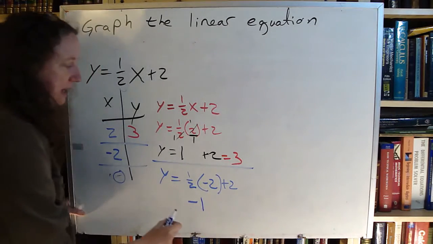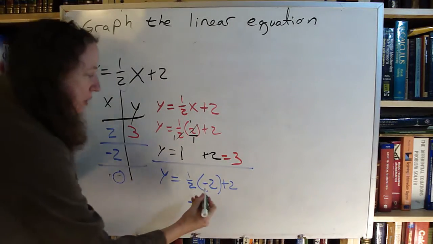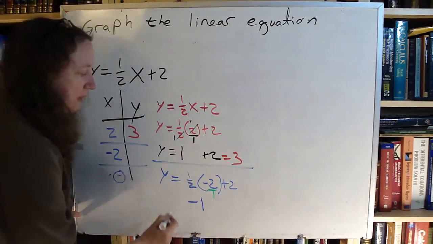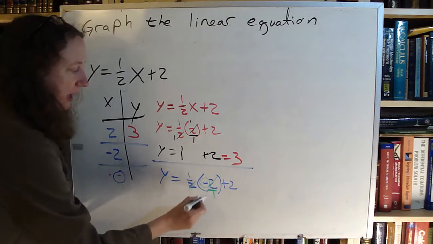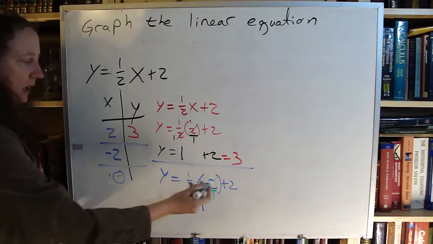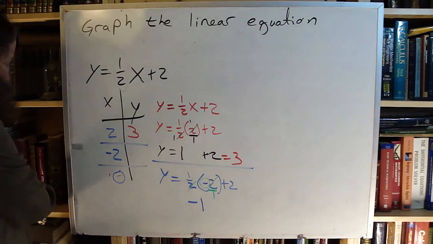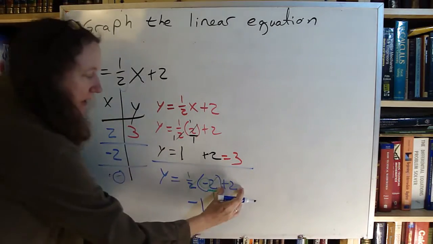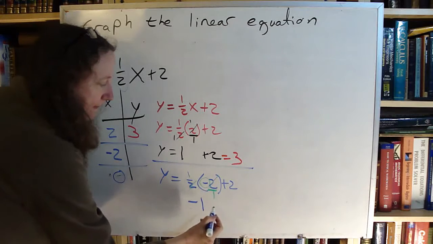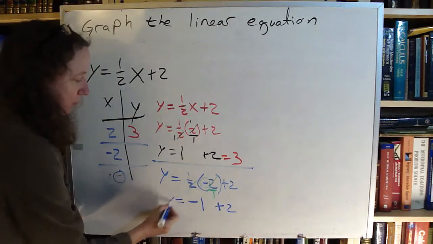Doing it in my head, I put that -2 over 1. I see the 2 and the 2 cancel. I hold on to that negative sign. I have 1 times 1 over 1 times 1 with the negative sign there, giving me -1. And then I still need to carry down my plus 2. Still need to carry down my equals y.